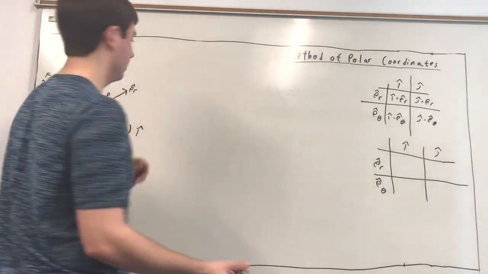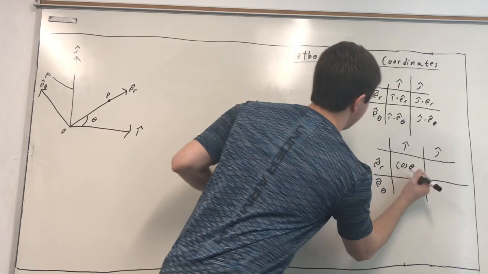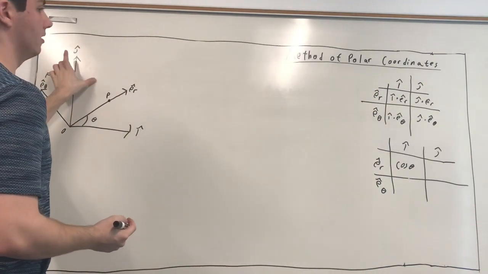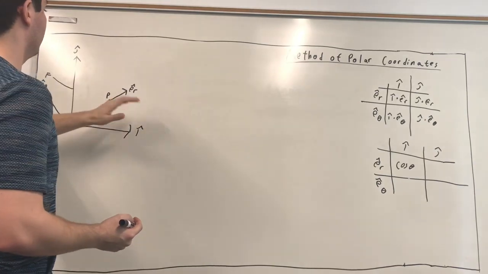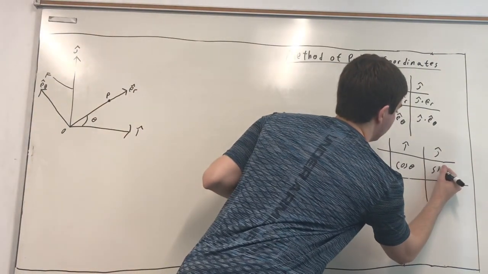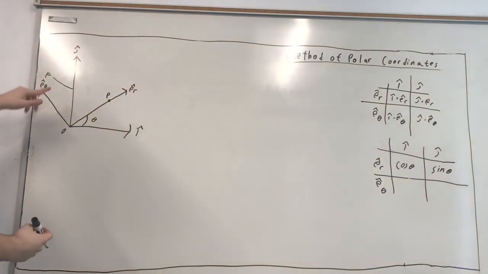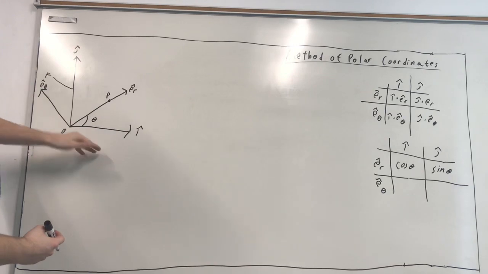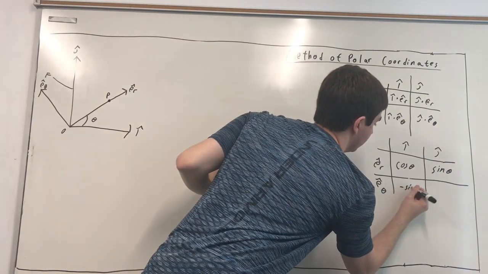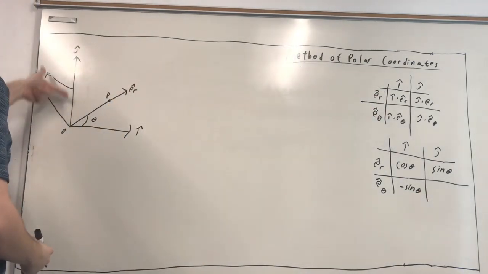So you have a cosine theta here. And in the same way, j hat is the sine theta component of e hat r, so this is sine theta. Then you look over at e hat theta, and the i hat part is negative sine theta, and the j hat component is cosine theta.